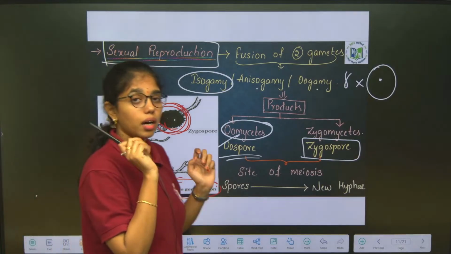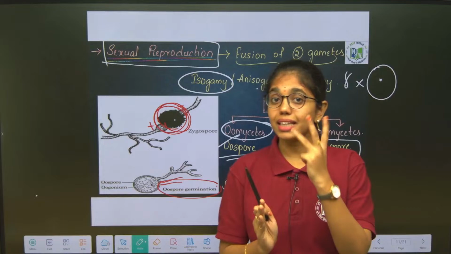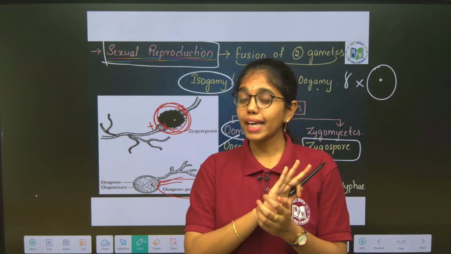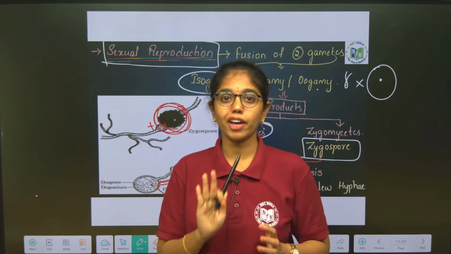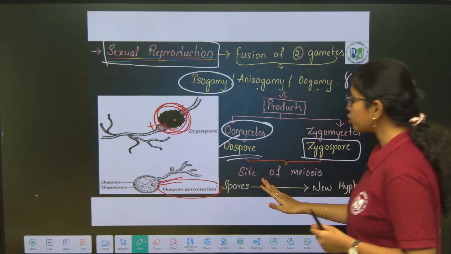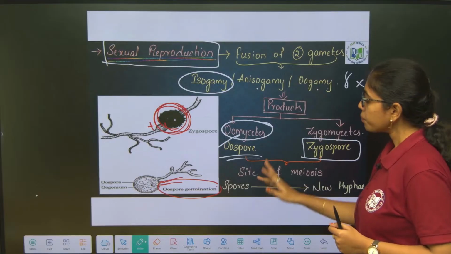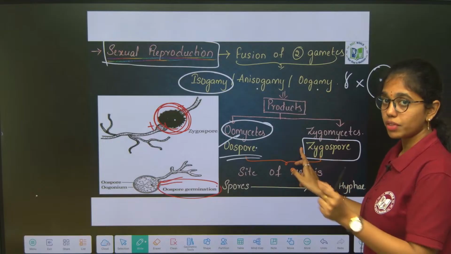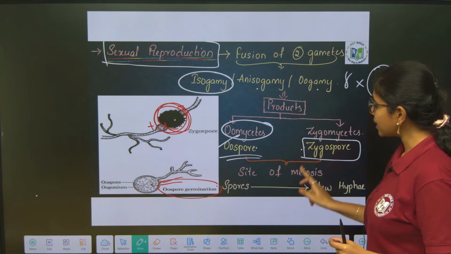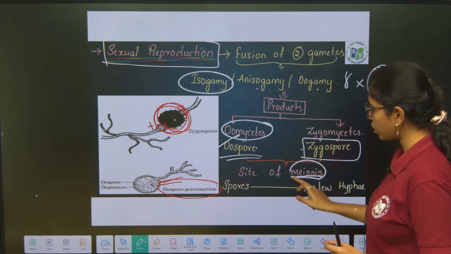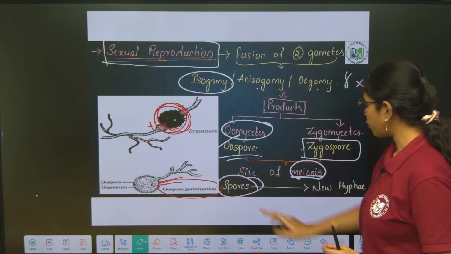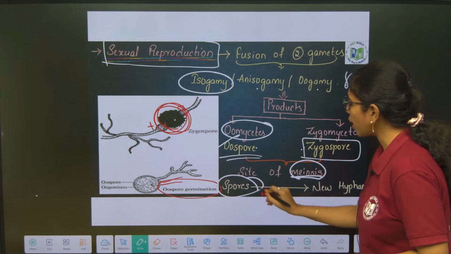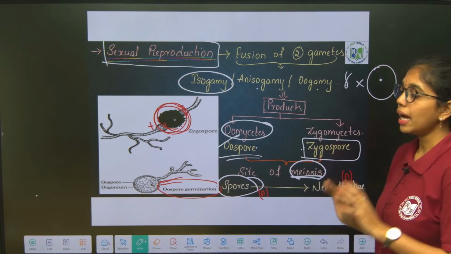Nowhere in Phycomycetes can you see the 3 stages of plasmogamy, dikaryon stage and meiosis. Dikaryon stage is not present in Phycomycetes. Remember that, ma. Oospore and zygospore, which are the products of sexual reproduction, will be the site of meiosis, and spores will be formed which will germinate into new hyphae. The spores are haploid and new hyphae also will be haploid.